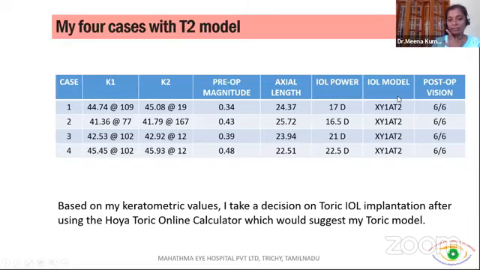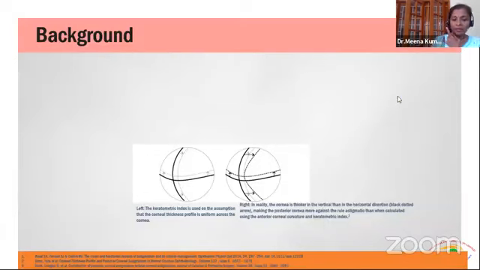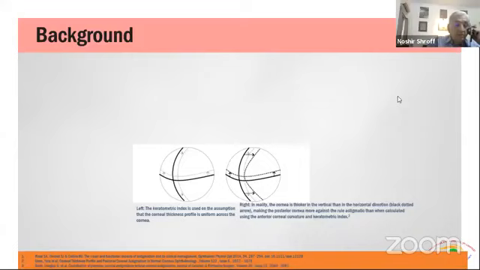Preoperatively, based on my keratometric values, I take a decision on toric IOL implants using the Hoya toric online calculator, which would suggest my toric model. Especially, this is beneficial when I wanted to use low toric models. And the previous speaker has spoken a bit about this, but I could be reinforcing what he said.